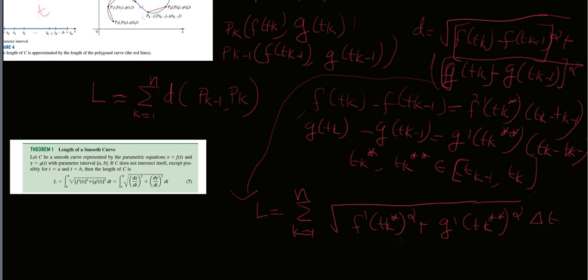Here tk star and tk double star are arbitrary. By letting n tend to infinity, what will happen?